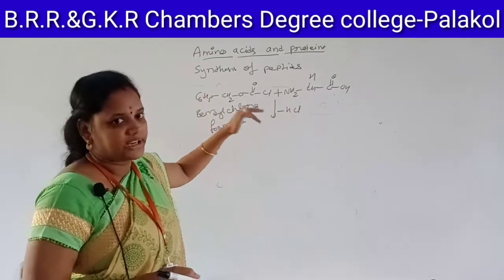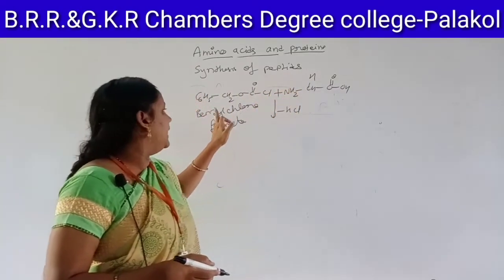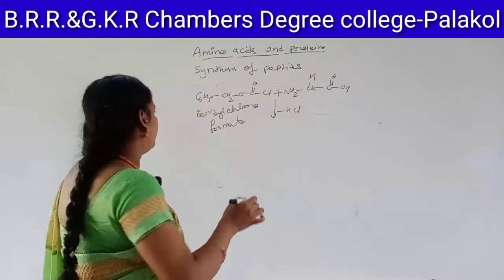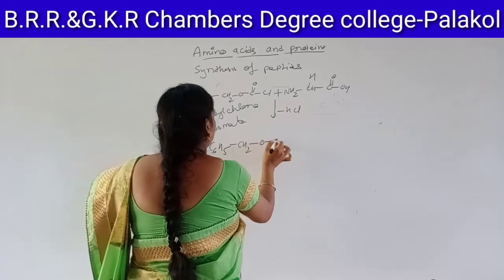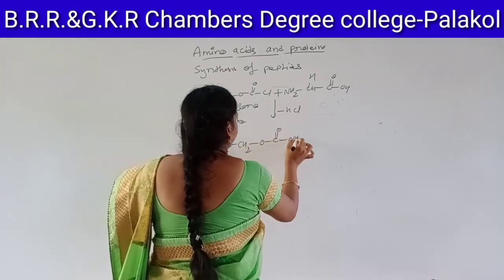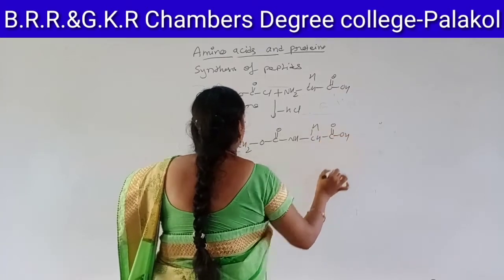We are doing protection. So what happens? You will get C6H5CH2OC double bond ONH CH2 C double bond O OH.